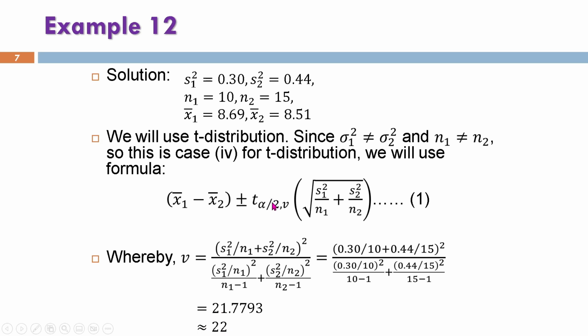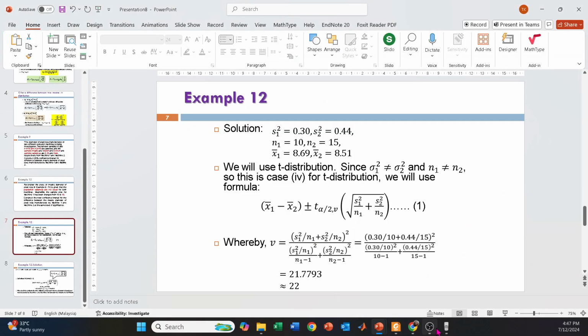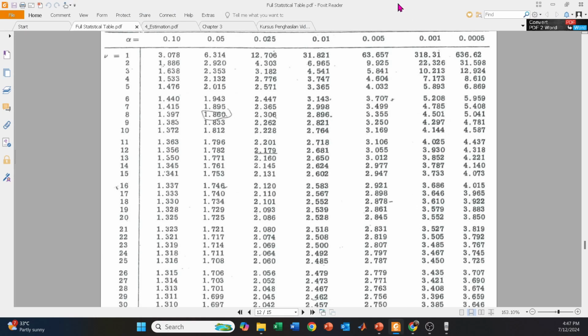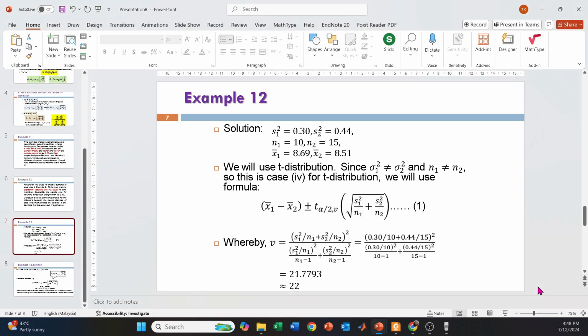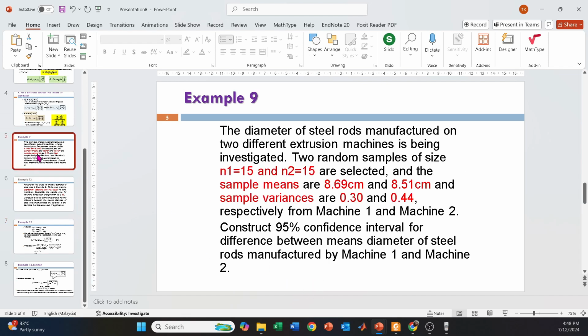So now we got to recalculate our t alpha over 2 nu. Nu already calculated is 22. Alpha still 95 percent confidence interval.